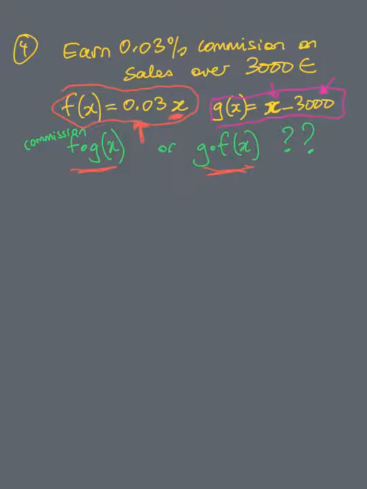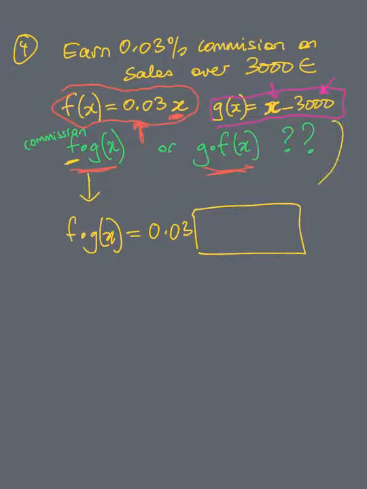So let's look carefully at this first equation and see what it actually looks like. So we've got f on the outside, f of g of x. So that means that we're going to be using that rule to put in our function g. So that's going into there. So that is going to look like that.